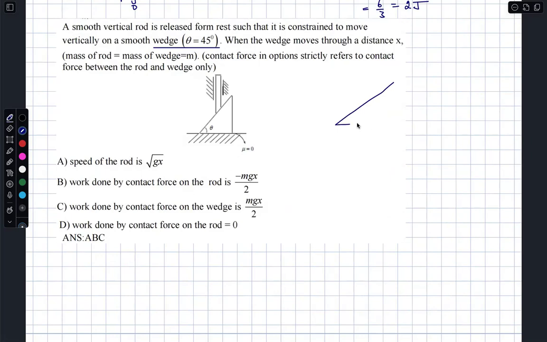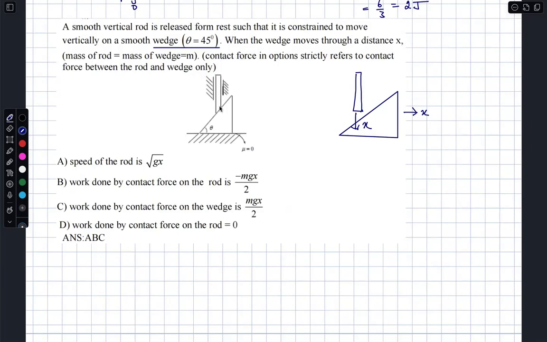If the wedge moves right by x, the rod moves down by the same distance x. Wedge moves right by x, rod moves down by x, vertically down by x.